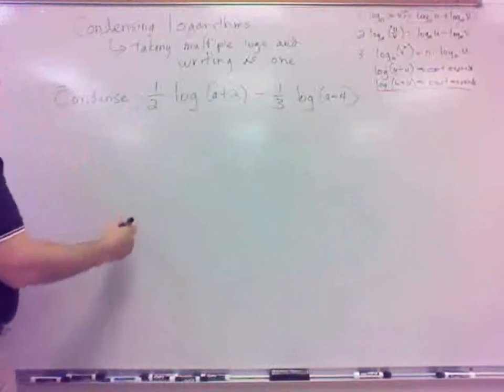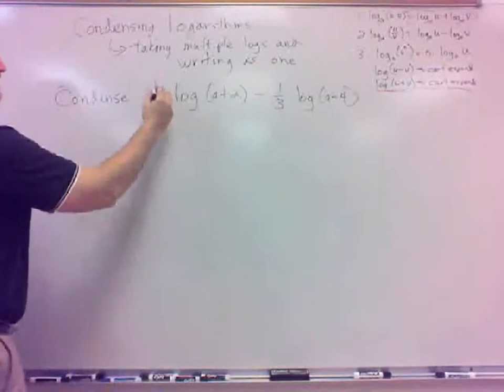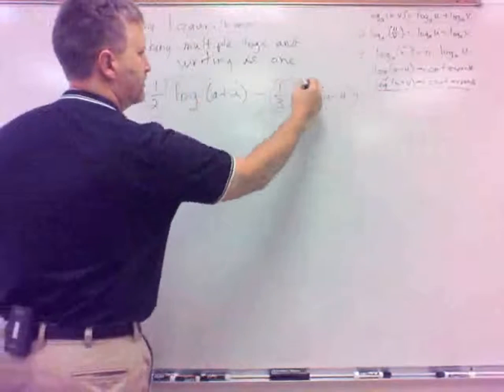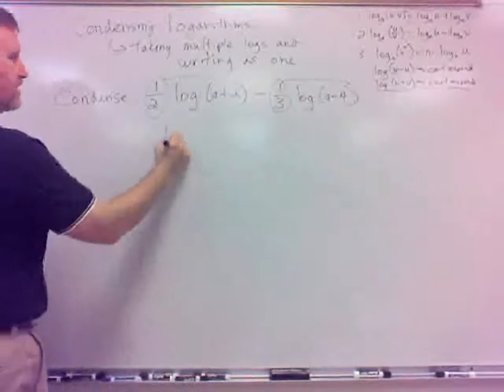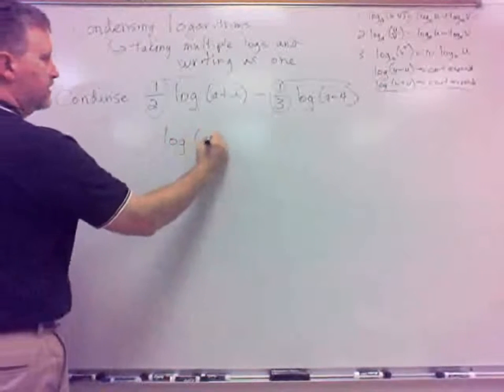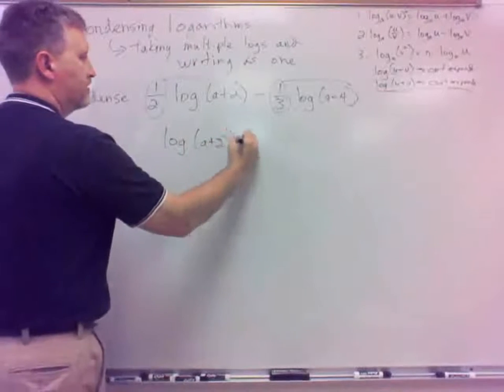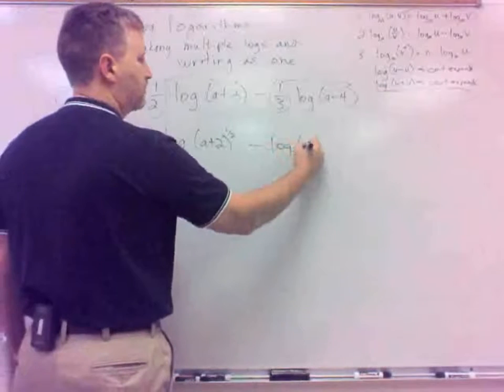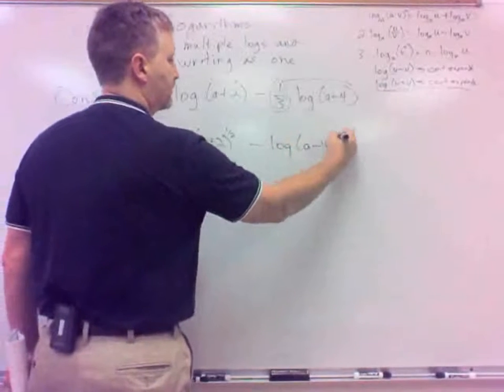Well, again, we've got the numbers outside there, so those do come in as powers, don't they? So it'd be log of a plus 2 to the 1/2 power minus log of a minus 4 to the 1/3 power.